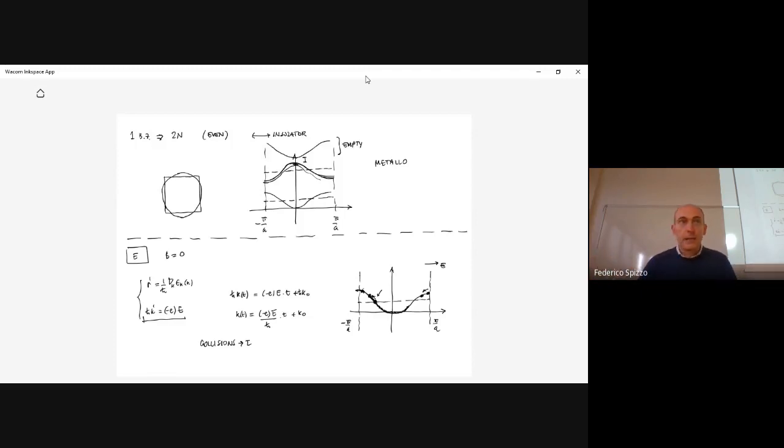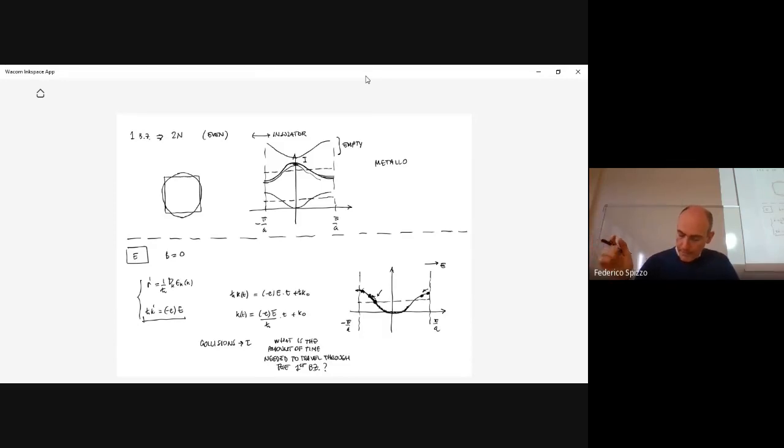So if we make this question, what is the amount of time needed for the level to travel through the first Brillouin zone?